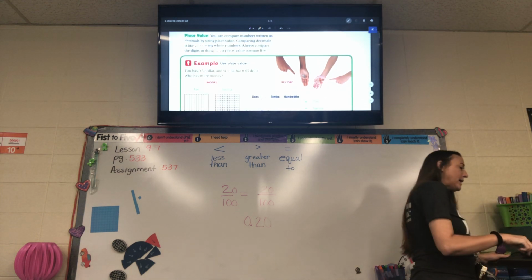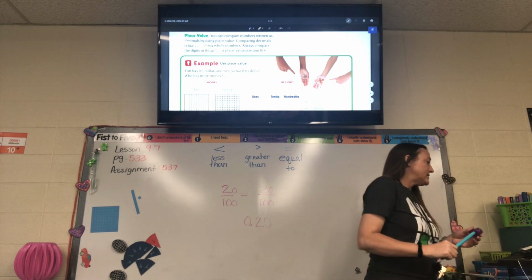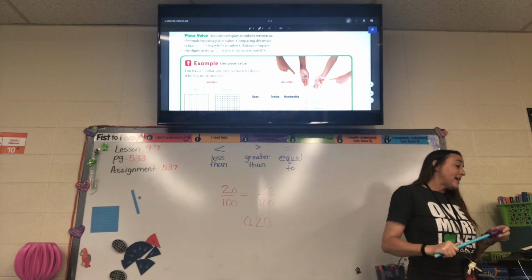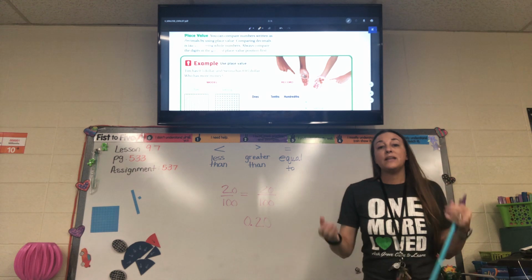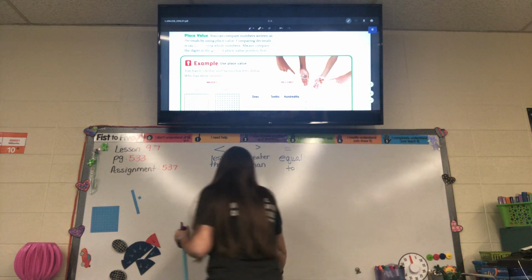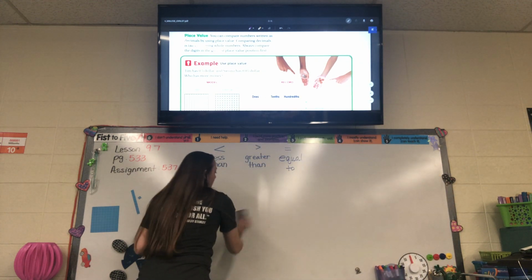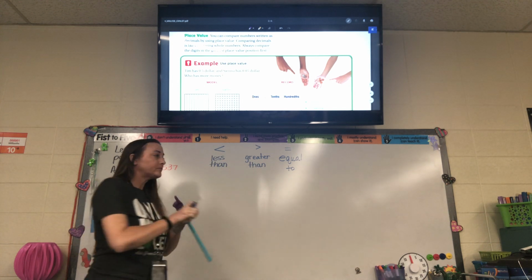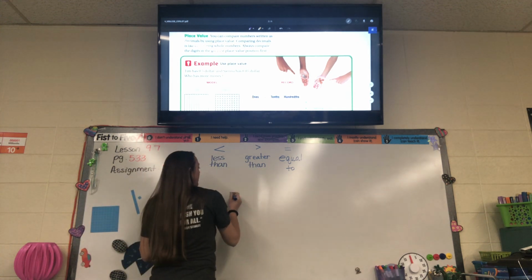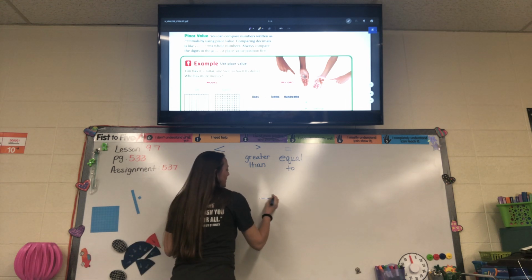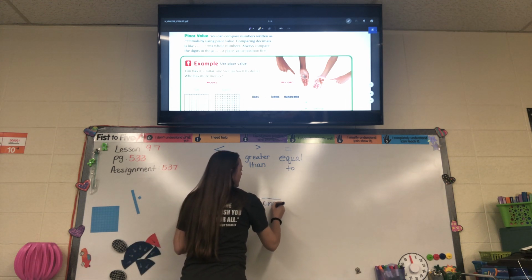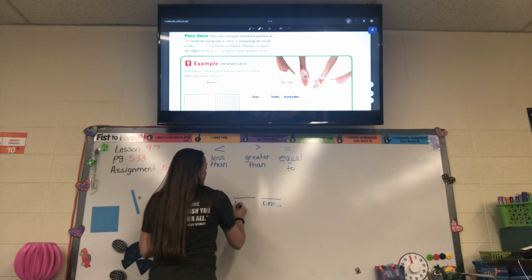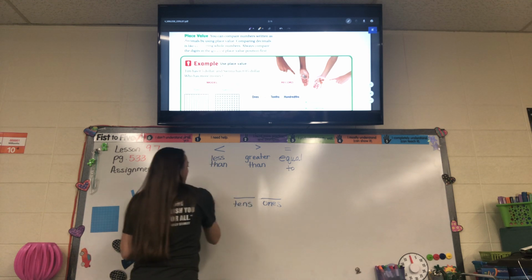You can also compare numbers written as decimals by using place value. This is the way that I prefer to do it. Let me give you a whole number example. Let's do a place value chart: 1s, 10s, 100s.